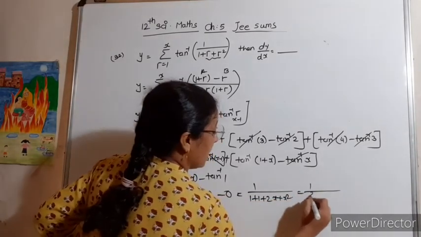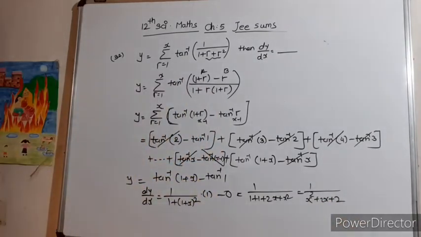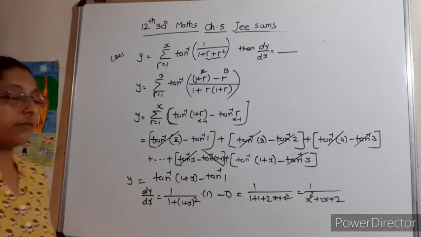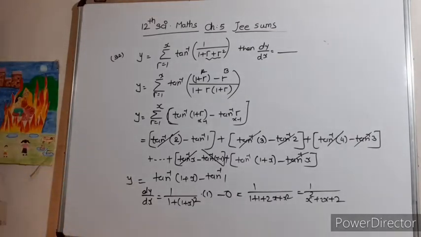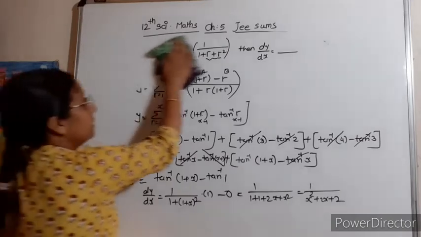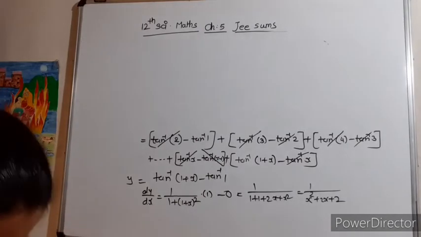So it is x square plus 2x plus 2. ऐसे भी आप लिख सकते हैं. That way also we can do the sum. You understand? Yes. It is most important sum, right? Okay. Then we'll move on to the next.